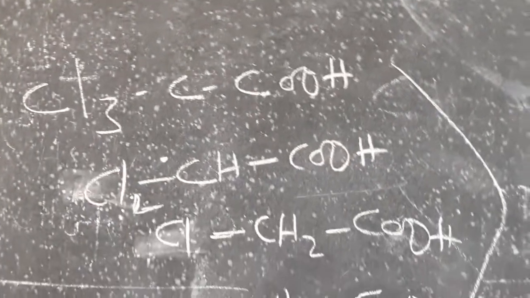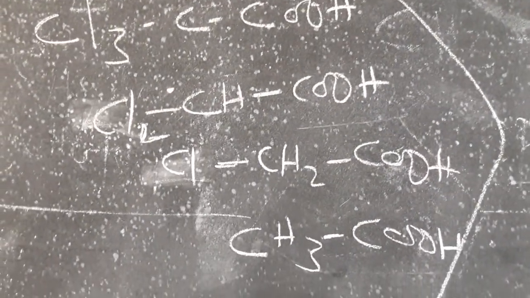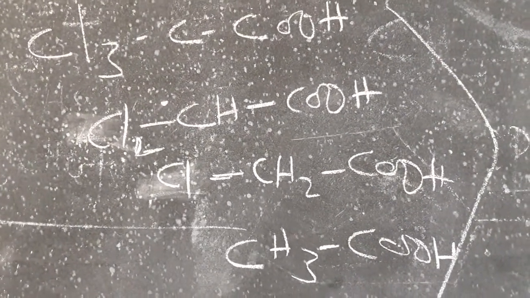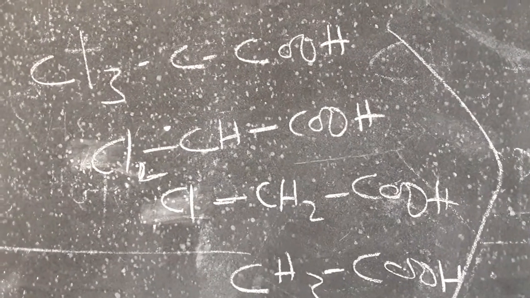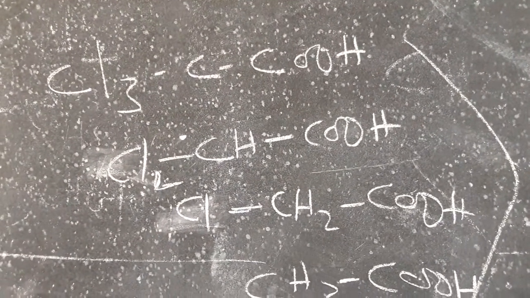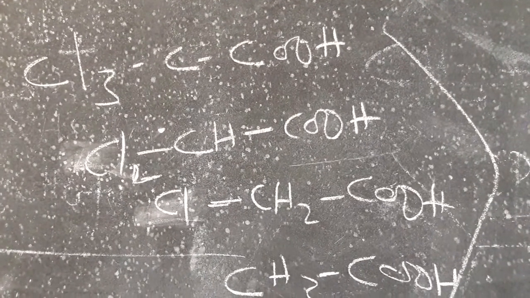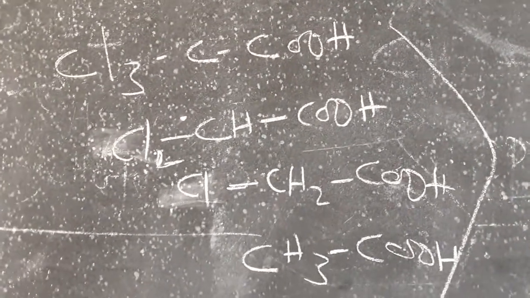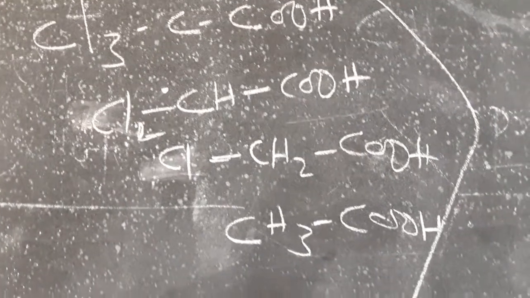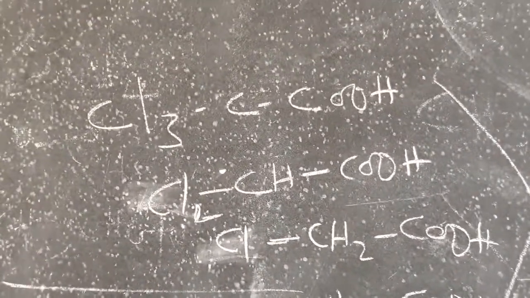Similarly, take acetic acid, chloroacetic acid, dichloroacetic acid, and trichloroacetic acid. Trichloroacetic acid is number 1 in acidity, dichloro number 2, monochloro number 3, and acetic acid number 4. I will tell you how you calculate all these.